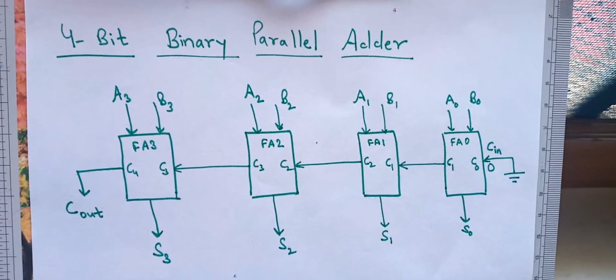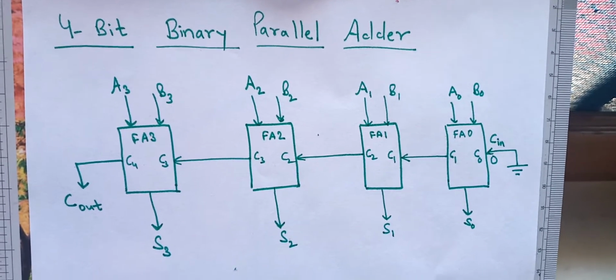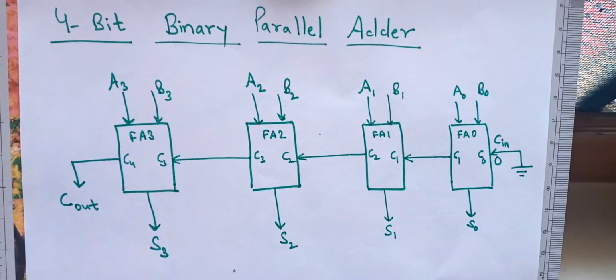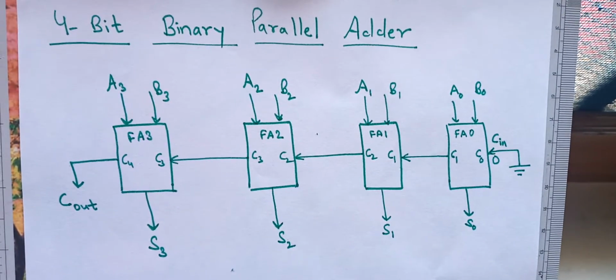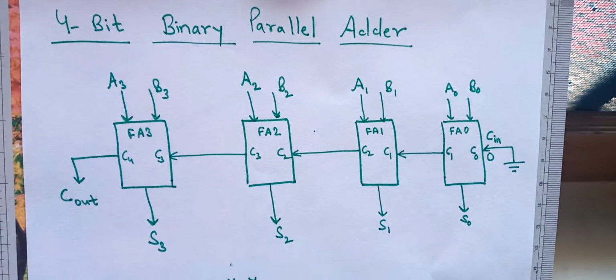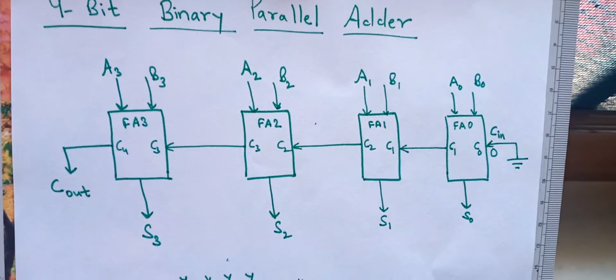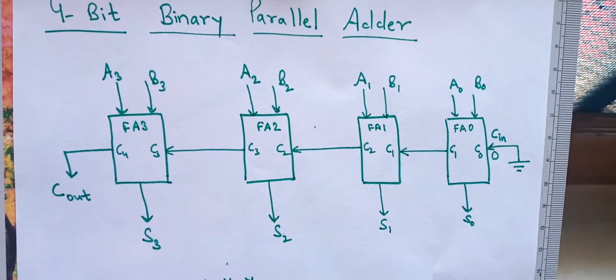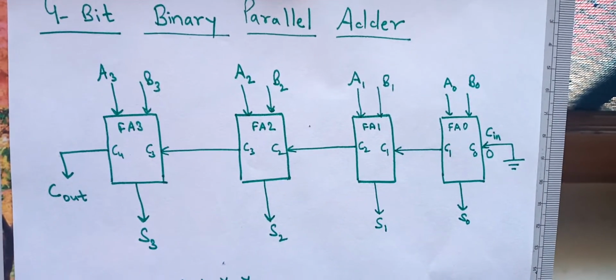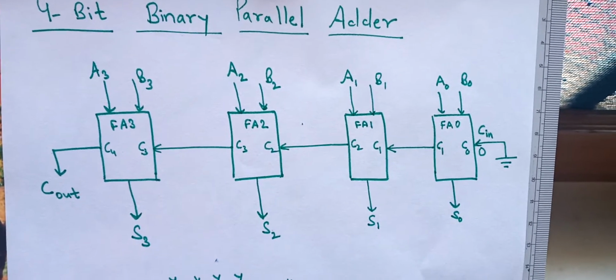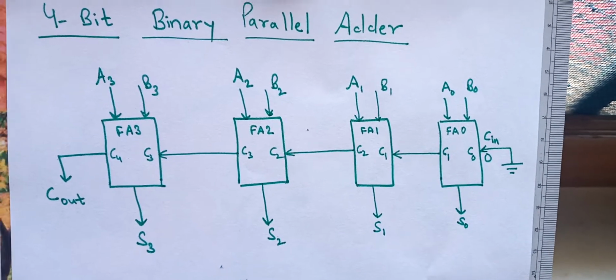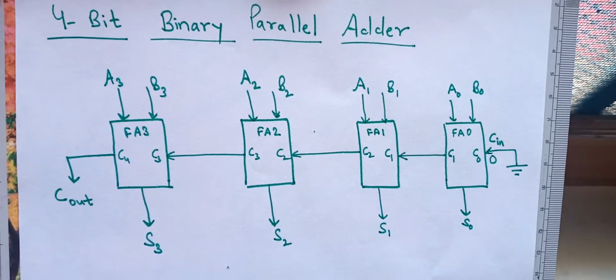So the 4-bit number S3, S2, S1, S0 will be the output along with Cout, and Cout is called the carry. We have added A3, A2, A1, A0 and B3, B2, B1, B0, and the result becomes Cout, S3, S2, S1, S0. So the result may be a 5-bit number.